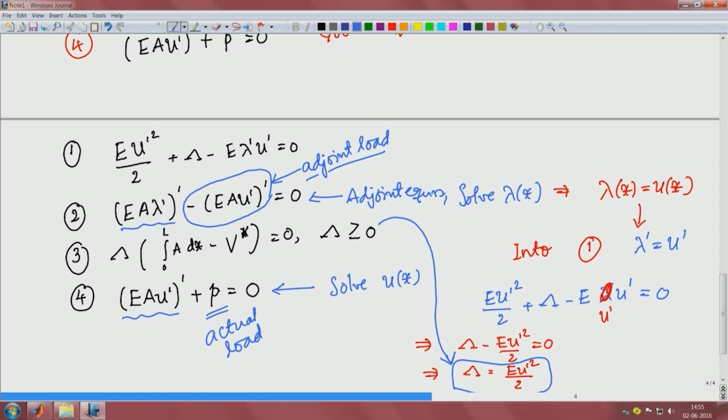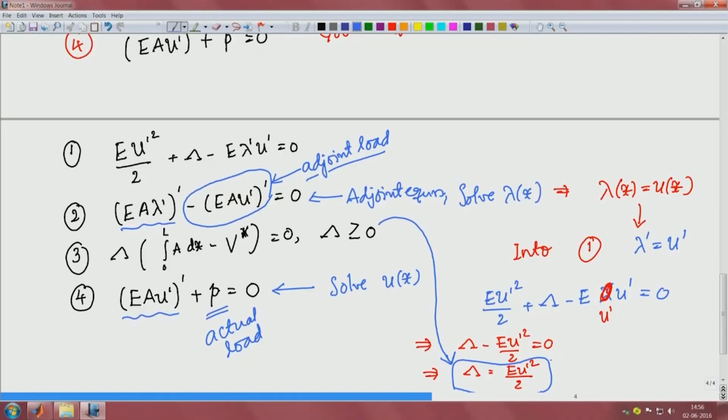There are very advanced cases where you actually design a material, you can design materials, you can have a negative Young's modulus over a range. But in general E is positive, 2 is positive, u prime square is positive irrespective of whether u prime is negative or positive. So, overall we are satisfying this condition.